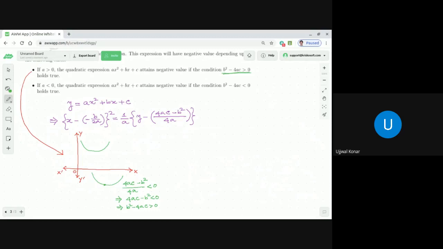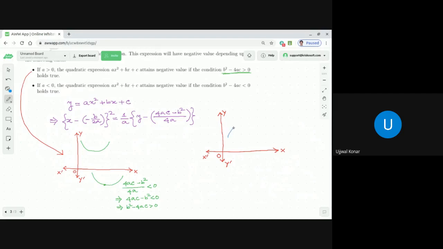Correct, dear students? Now the next case is that if a is less than 0. When a is less than 0, we know the curve will be flipped downward. So let me draw it here. So this is x-axis, this is x dash, this is y-axis, this is y dash, this is 0, and let me draw the curve in blue.